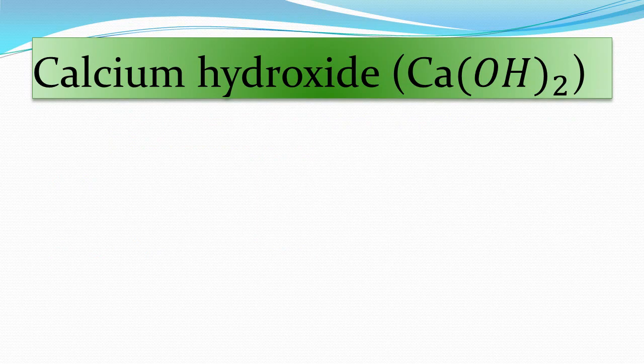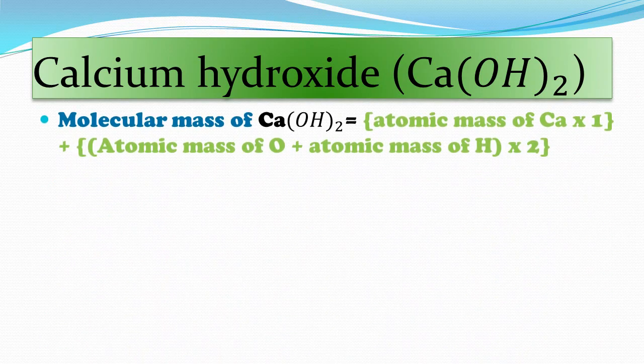Now next is calcium hydroxide, or Ca(OH)2. The molecular mass of calcium hydroxide is equal to the atomic mass of calcium multiplied by 1, plus here (OH) twice is there. So we add the atomic mass of oxygen plus the atomic mass of hydrogen, multiplied by 2.